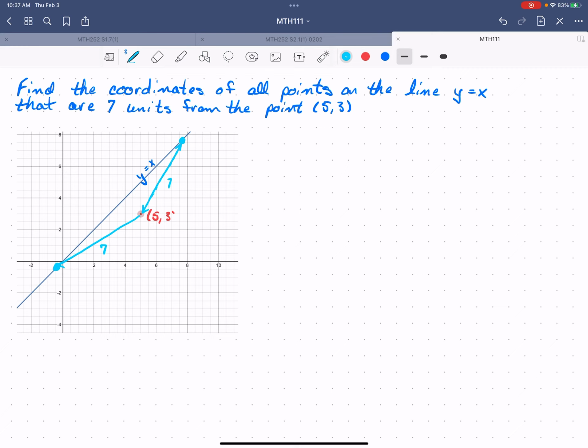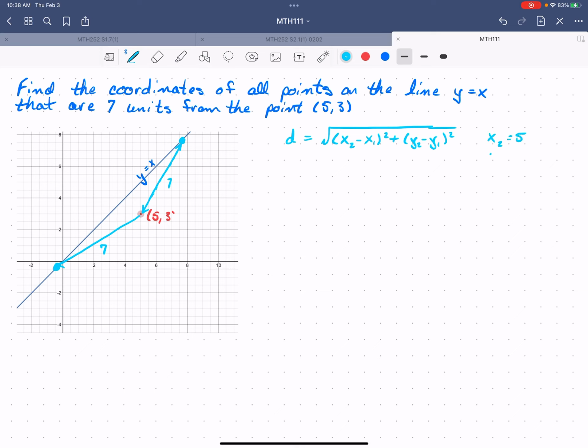Well, the fact that I use the word distance tells you that this is a distance formula problem. So let's write d equals the square root of x2 minus x1 squared plus y2 minus y1 squared. In this case, we know that x2 will equal 5.